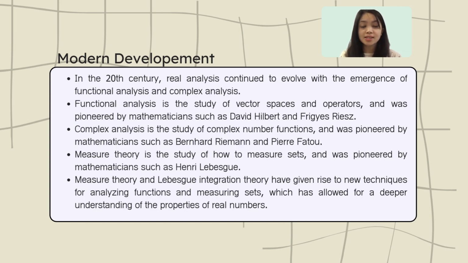Measure theory is the study of how to measure sets and was pioneered by mathematicians such as Henri Lebesgue. Measure theory and Lebesgue integration theory have given rise to new techniques for analyzing functions and measuring sets, which have allowed for a deeper understanding of the properties of real numbers.